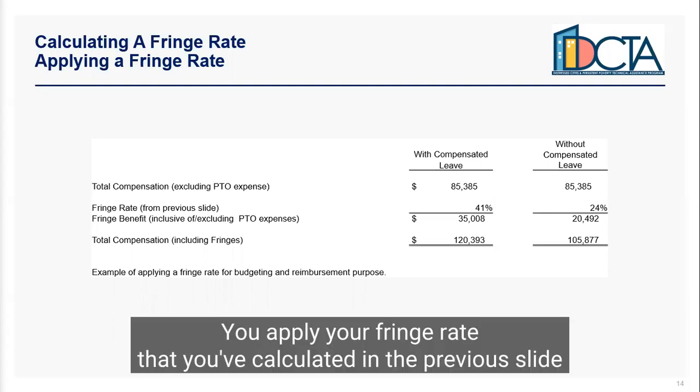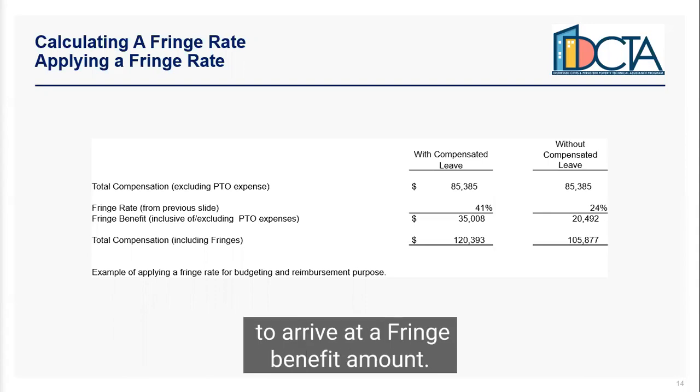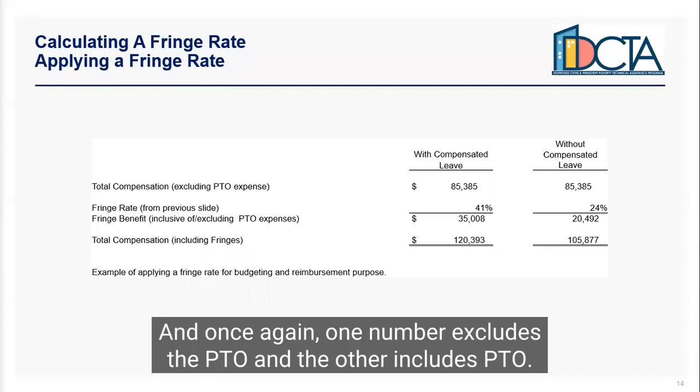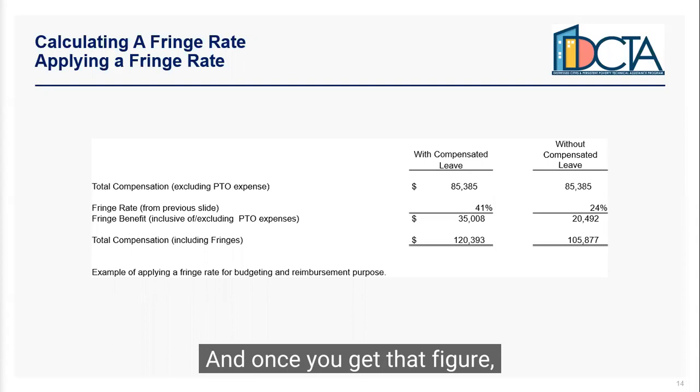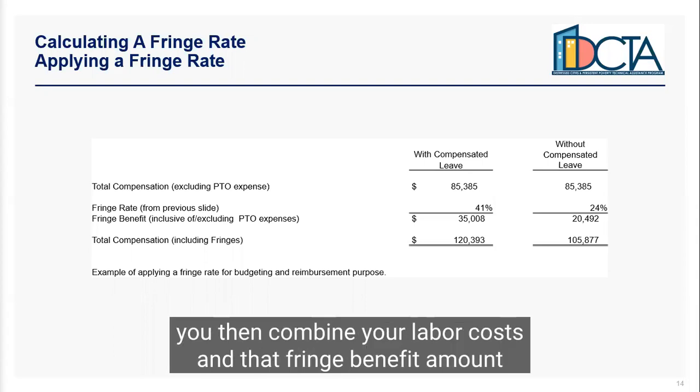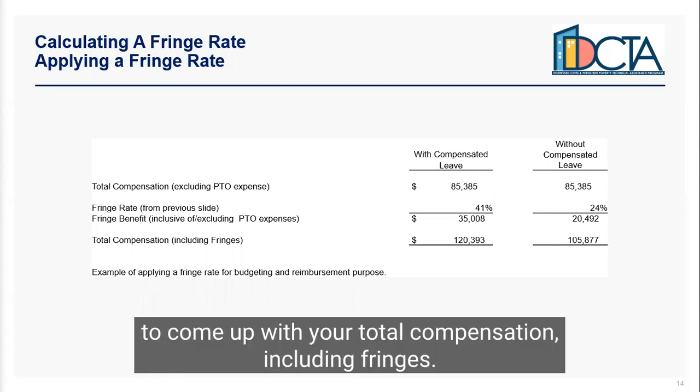You apply your fringe rate that you calculated in the previous slide to arrive at a fringe benefit amount. And once again, one number excludes the PTO and the other includes PTO. Now, once you get that figure, you then combine your labor costs and that fringe benefit amount to come up with your total compensation, including fringes.